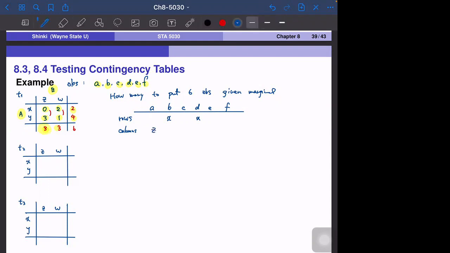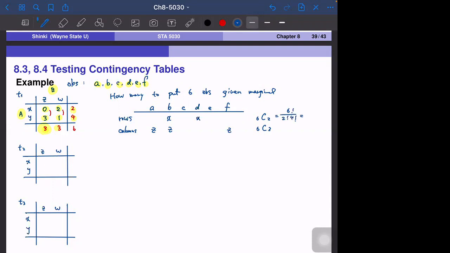So maybe this is z, and this is z. So 2 out of 4 for rows. So that is in total the 6 choose 2 combination, the ways to assign the 2 x's. And the second one, 6 choose 3, the ways to assign the 3 z's. 6 choose 2 is 6 factorial over 2 factorial, 4 factorial.